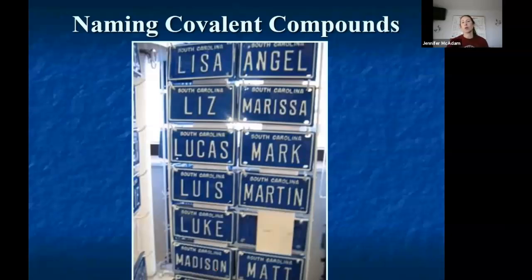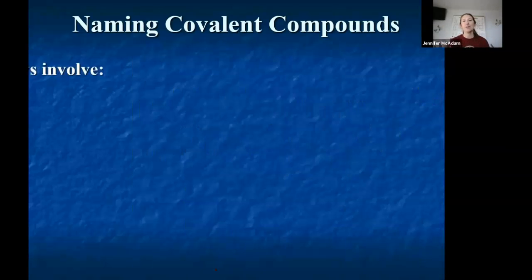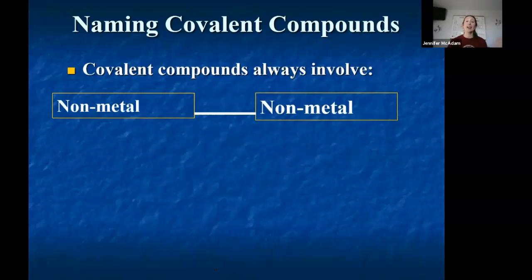So sometimes we call them covalent compounds, sometimes molecular compounds, even though ionic compounds are held together by ionic bonds. I'll use them interchangeably so that whatever chemistry class you take next, you're used to both.